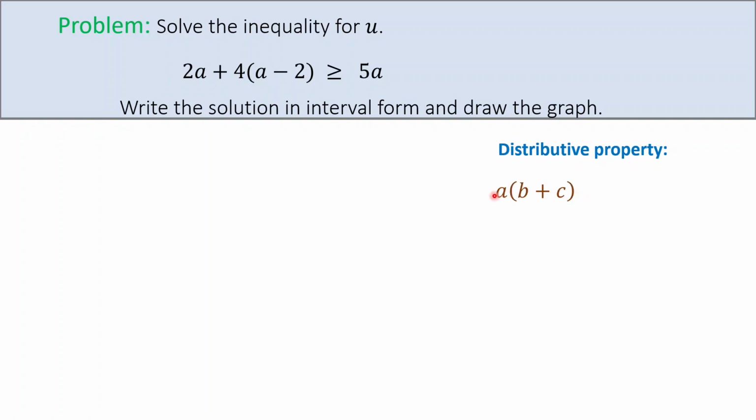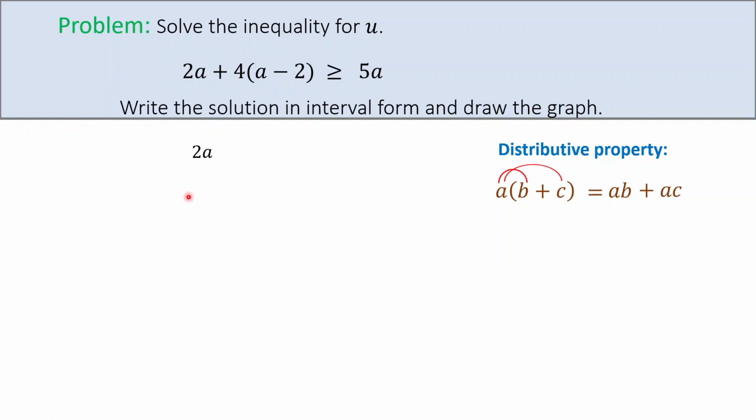I have A parenthesis, then B plus C. This is equal to multiplying A times B, AB, and A times positive C, positive AC. We use this property to remove these parentheses.